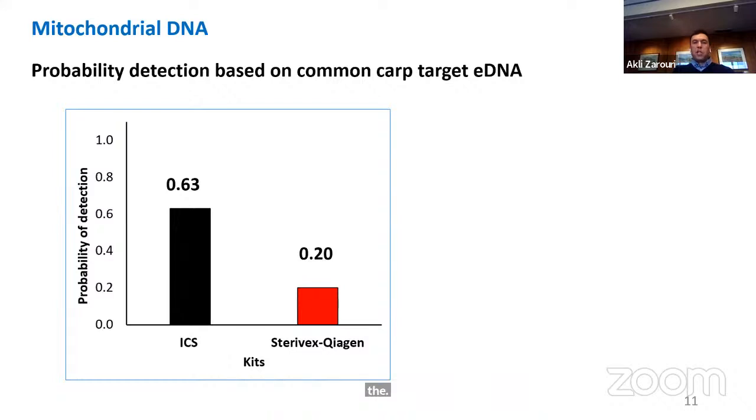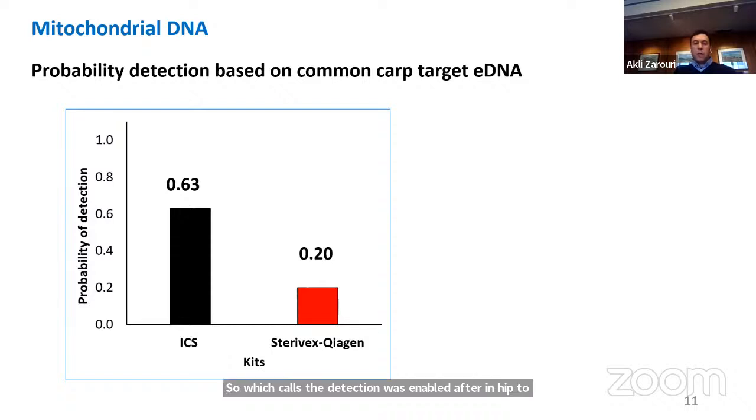For the probability of detection, we also used mitochondrial DNA. In this study, mitochondrial DNA was in minor amount, so the detection was enabled after inhibitor removal using the Zymo inhibitor removal kit.